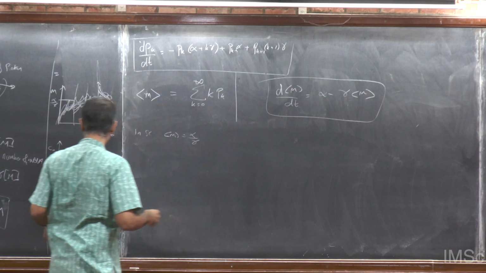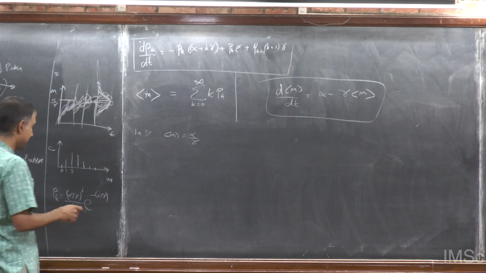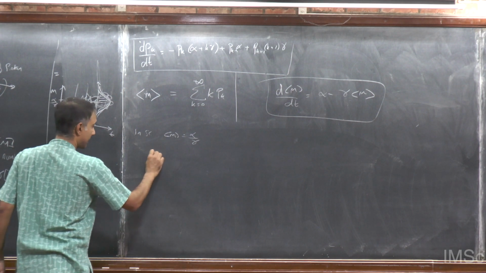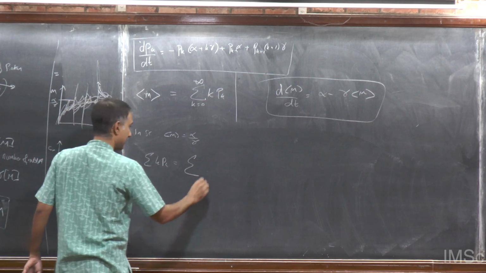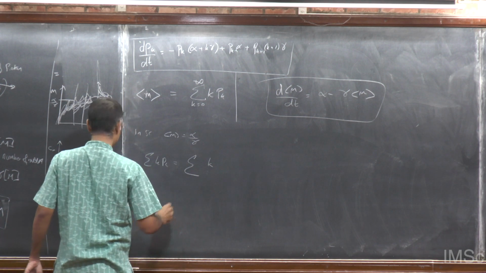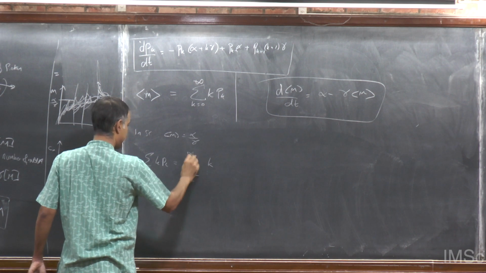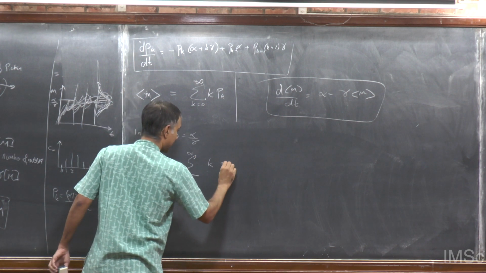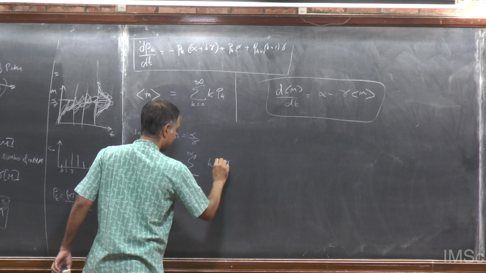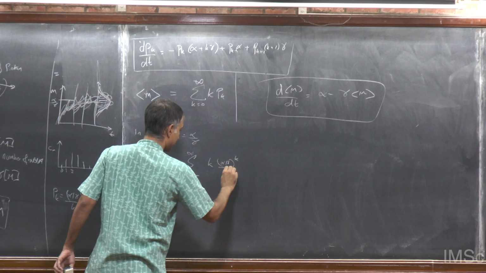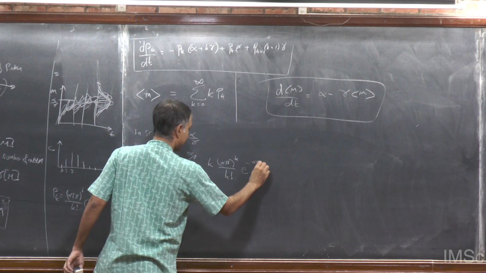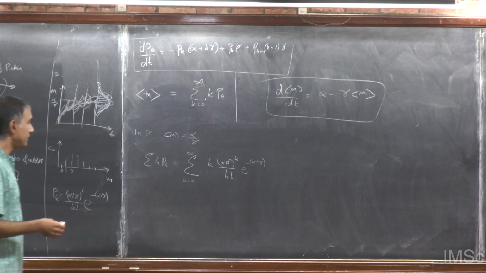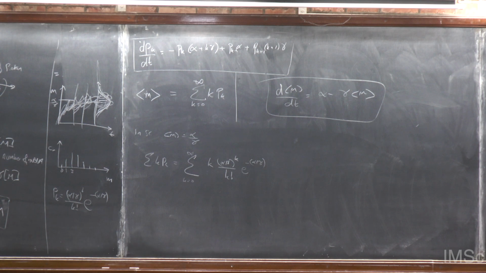So let's verify that. How do I calculate the expectation, the mean of this, right? So I want sum of k pk, which is sum of k is equal to 0 to infinity, alpha over gamma to the k over k factorial e to the minus alpha over gamma. Right? How do I do that sum?